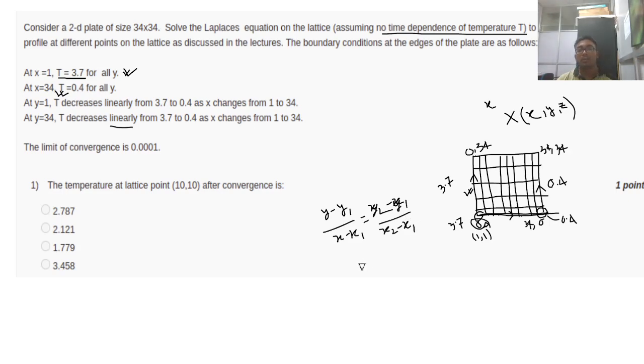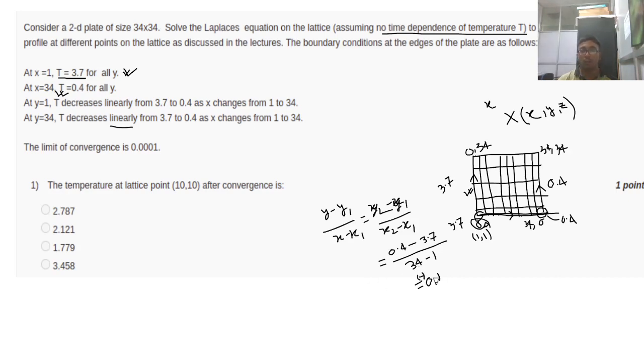So from there, what we can get is y2, let's say this is 0.4, right? So this will be 0.4 minus y1, which is 3.7, and x2 is 34, minus 1. So this will essentially be 0.1 with a minus sign, okay?